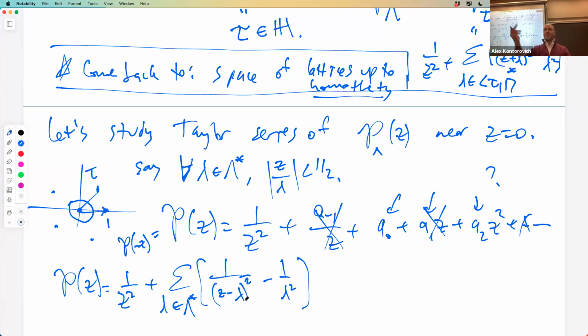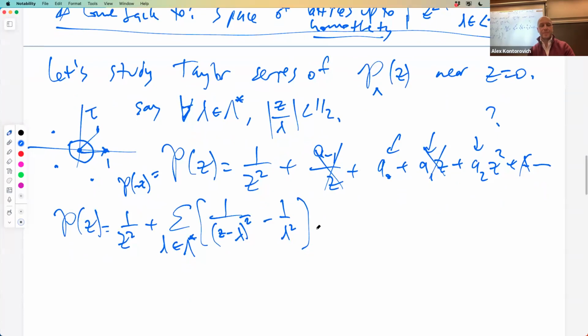A plus lambda has the same thing as a minus lambda. And let me pull out, because Z over lambda will be small, a lambda squared from here and put a Z minus Z over lambda, and this over lambda will be a 1.